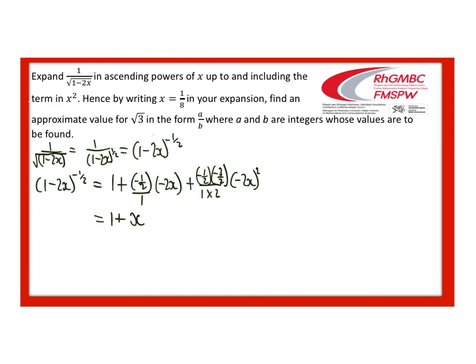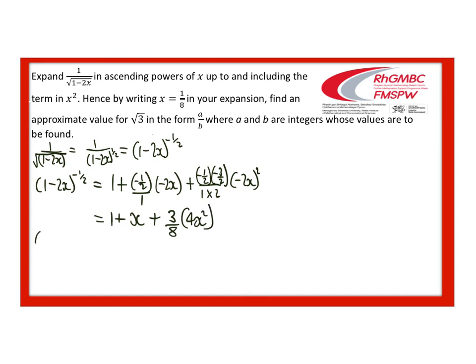Moving on to my next term, we get minus a half times minus 3 over 2 is positive. The minus 2 is going to be squared, so that's positive. So we're going to get another positive term. If I have 1 half times 3 halves, I get 3 over 4. Divide that by 2 again, I get 3 over 8. And we multiply this by minus 2x squared. Square of minus 2, I get 4. Square the x, I get x squared.